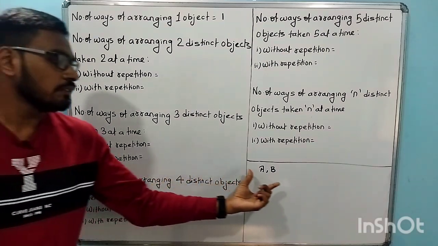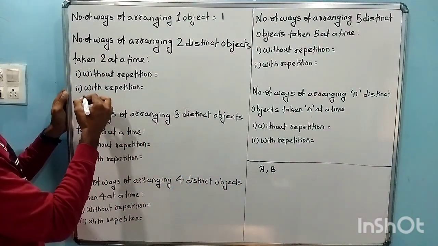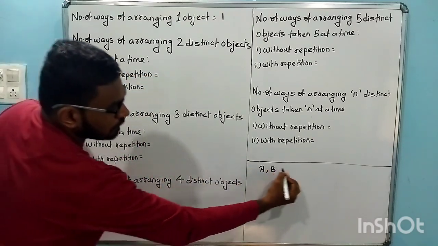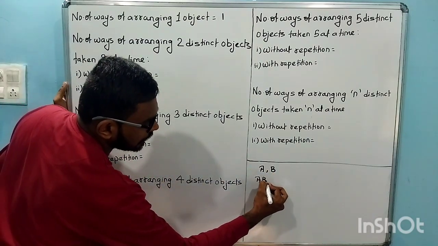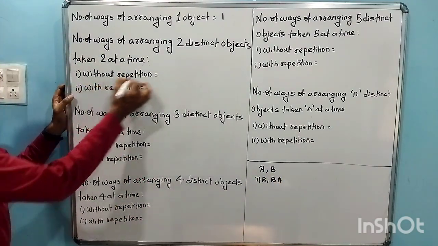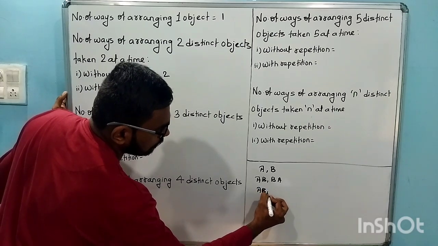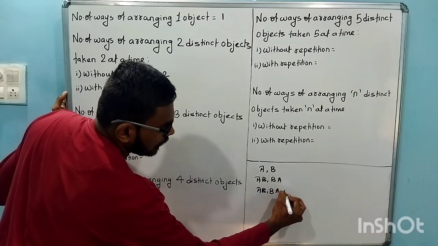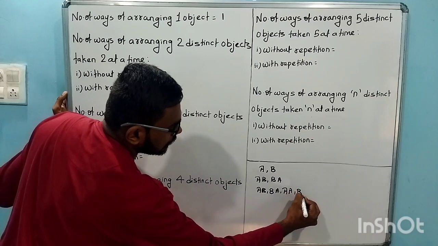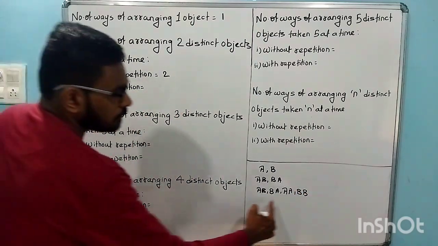First, without repetition, AB and BA, these are the 2 ways. Then with repetition, AB, BA, and 2 more, AA and BB, because repetition is allowed. So total 4 ways.